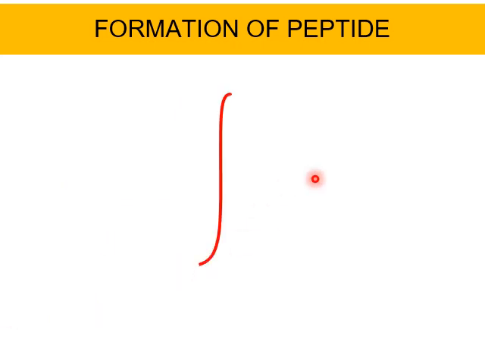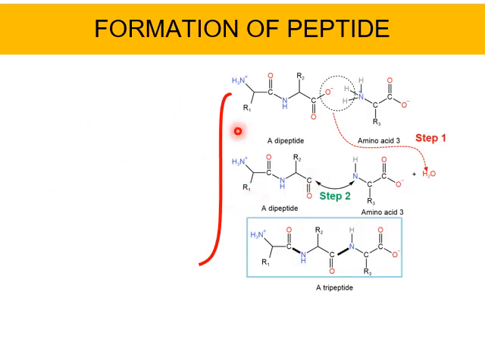For example here, if you want to add more amino acids to the growing chain, here you have the third amino acid. The same process is going to be repeated, removal of oxygen and hydrogen from the dipeptide and also this third amino acid, and now the peptide bond will be formed between the carbonyl and the nitrogen here.